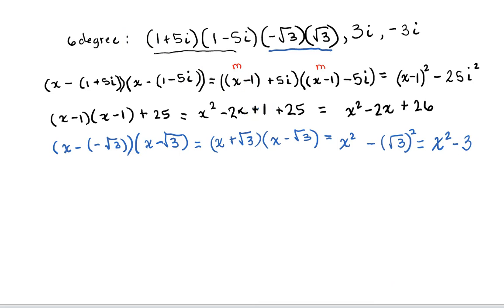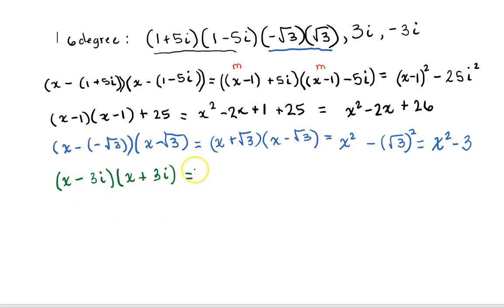We're going to have our last set there, our 3i and our negative 3i. I'm going to do that in a different color as well. So I'm going to say x minus 3i, and then x minus a negative 3i, which I'm going to just jump to the fact that it's a positive 3i because of that double negative.